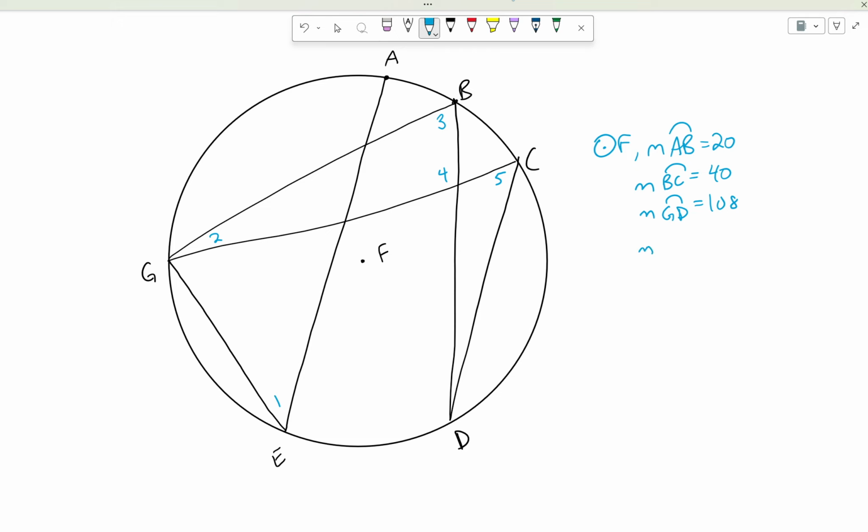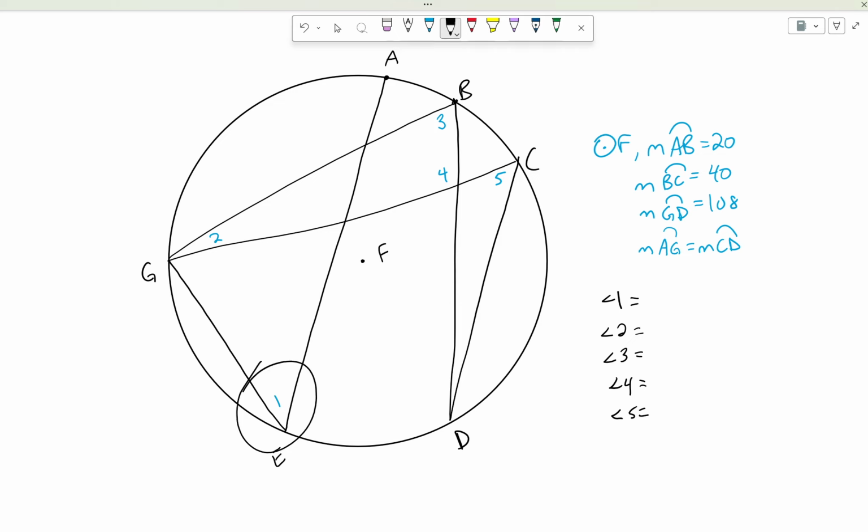And the measure of AG is the same as CD. Now we're going to solve for each of these numbered angles: angle 1, angle 2, angle 3, 4, and angle 5. What are these all equal to, given what we have here?